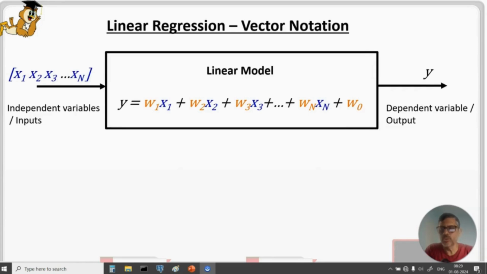It makes the solution extremely elegant, but it also gets you familiar with using vectors and matrices, and that is going to be useful for subsequent lectures. So let's start introducing some vector notation.